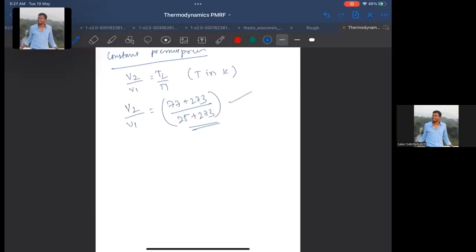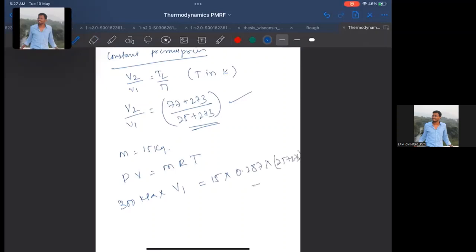So you got the ratio of V2 by V1, but we do not know the values of V1 and V2. For that, you can use case 1 where M is equal to 15 kg. PV is equal to MRT. You know the pressure is equal to 300 kilopascal, M is 15, R for air is 0.287, and temperature is 25 plus 273.